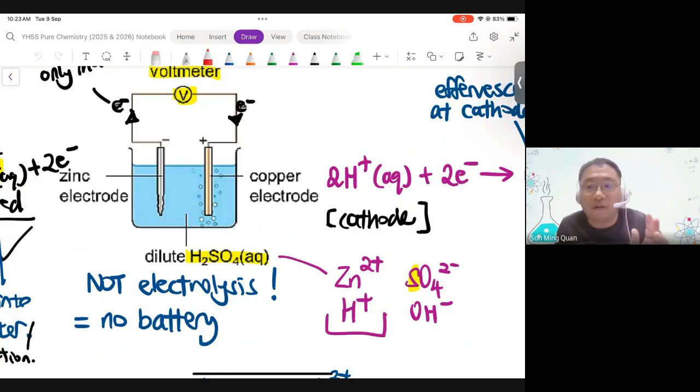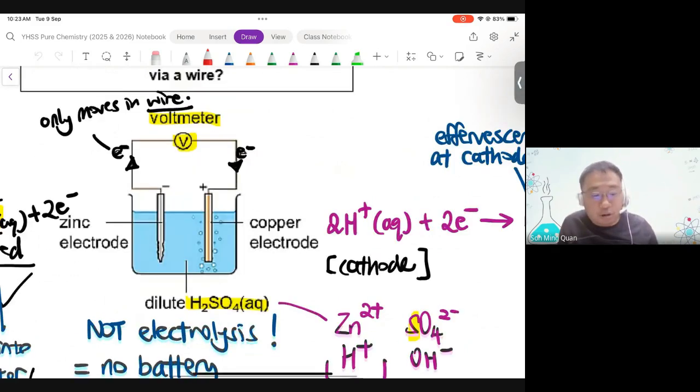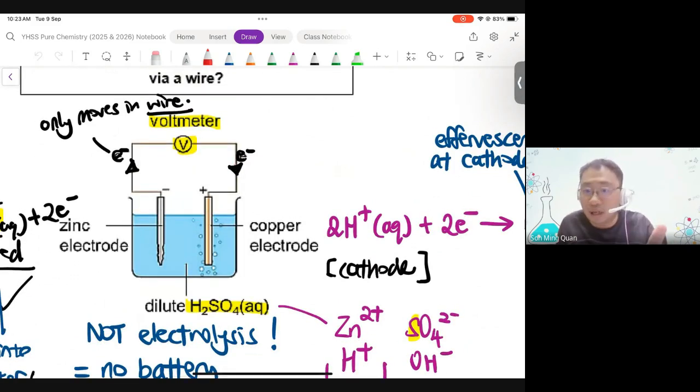Electrons can only travel through the sea of delocalized electrons in the metal. Metal meaning the wire. So can you see the electrons only move in the wire? And how do the electrons move? The electrons move from the more reactive to the less reactive metal. So in this case, the electrons moved from zinc to copper.